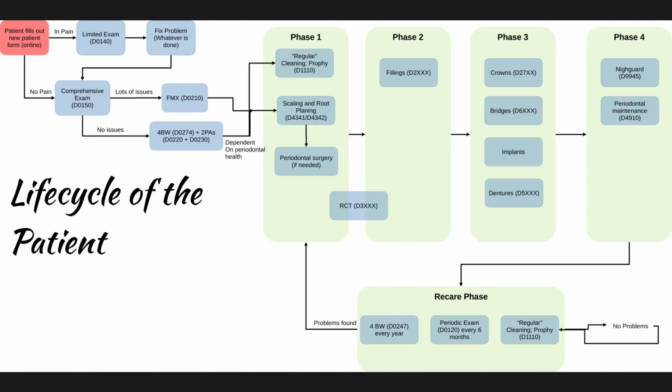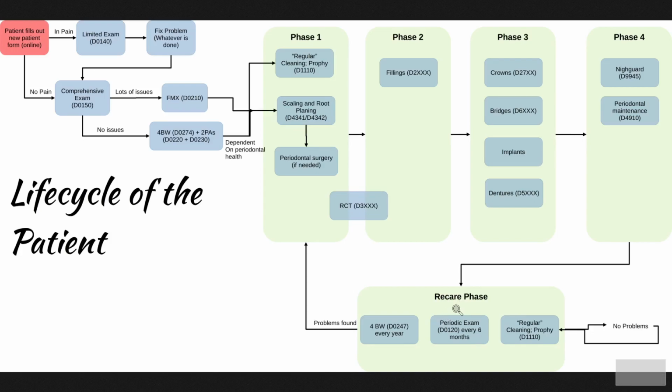So we like to say 6 months by default, but there are some patients who need to come in every 4 months, some every 3 months. There are some rare cases where the patient doesn't need to come in until 12 months. But of course, that's another thing for the doctor to decide.